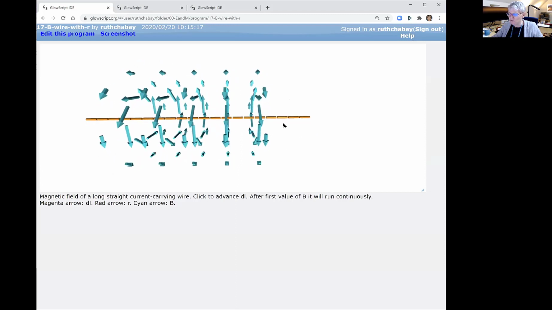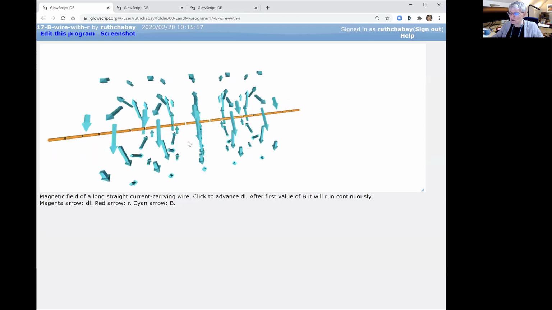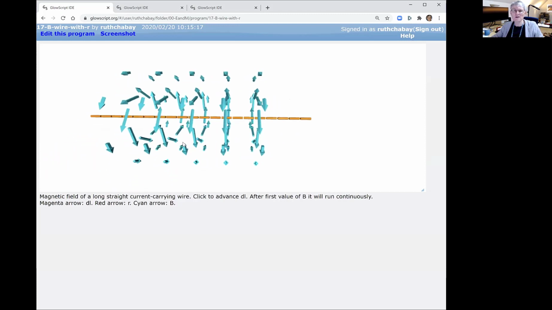Not really a visible difference in the pattern we're seeing in the middle of the wire and the pattern one step over or two steps over here. They all look the same. So basically the answer is we can use this as long as we're not near the ends of the wire, and as long as we're reasonably close to the wire.